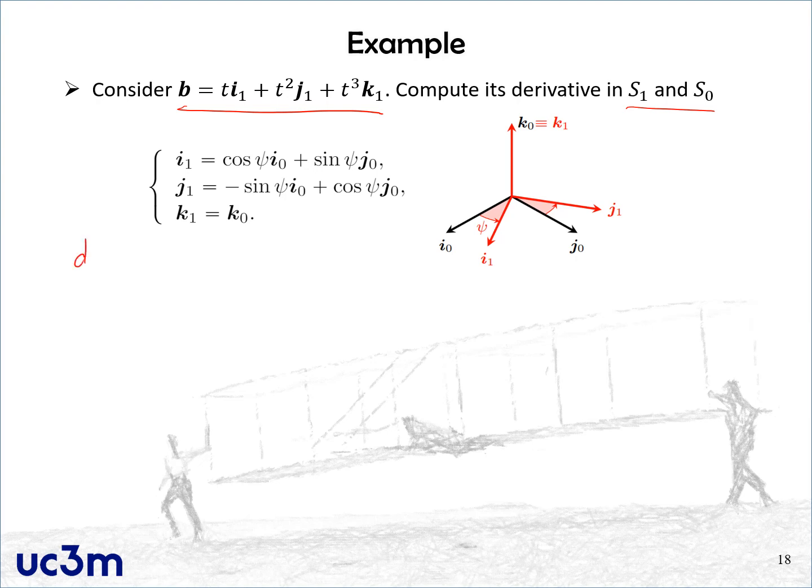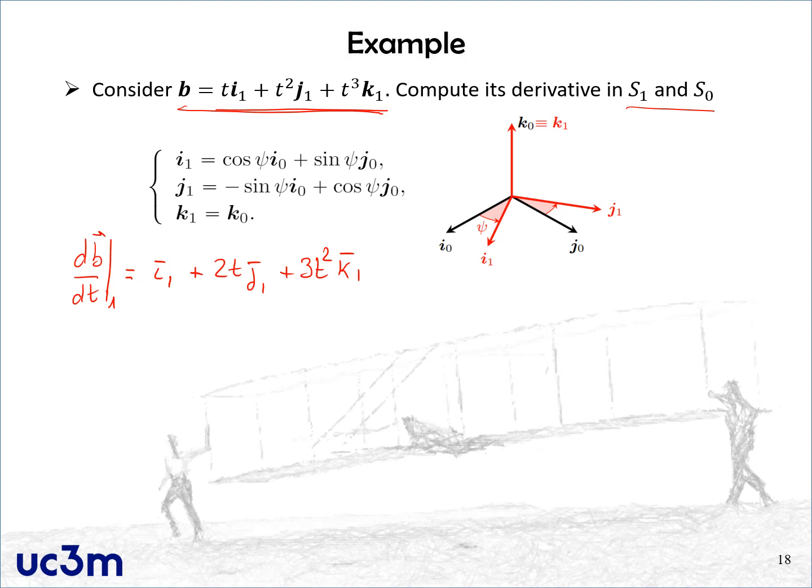Let's start with the simpler one. The derivative of B in reference frame 1 is particularly simple because we have the vector already expressed in vector basis 1, so we don't need to consider the derivatives of the vectors of the basis. So we just have I1 plus 2t J1 plus 3t² K1. That would be the derivative with respect to vector basis 1.